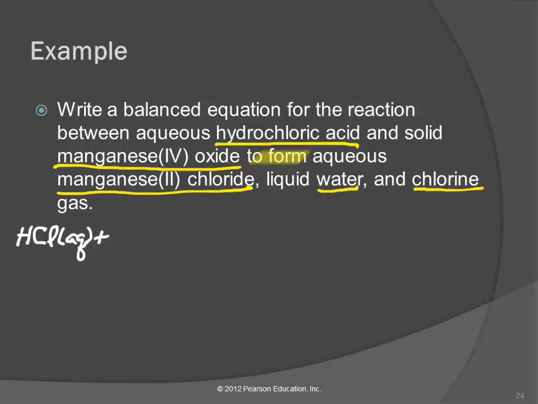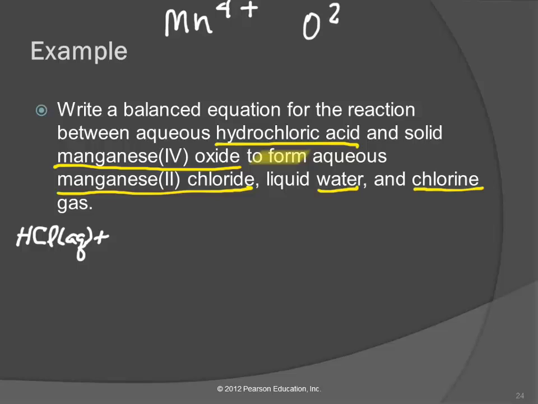And that reacts with solid manganese 4 oxide. It's another one of those ionic compounds. So I'm going to do some scribbling off to the side here. Manganese is Mn, and the 4 tells me it's a 4 plus charge. And oxide.